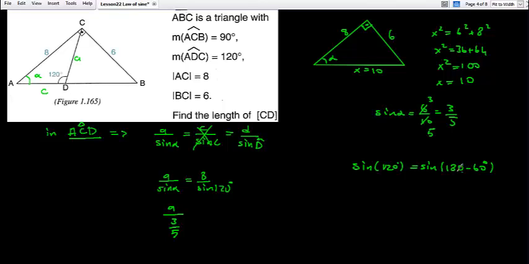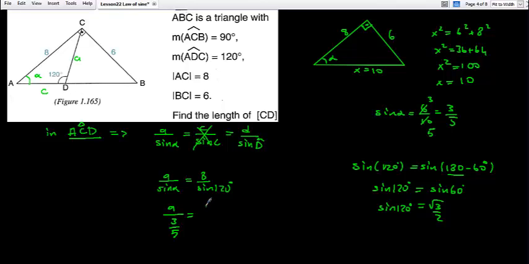When you use 180 in the formula, you don't need to change, so it's going to be equal to sine 60 again. So sine 120 is equal to root 3 over 2.